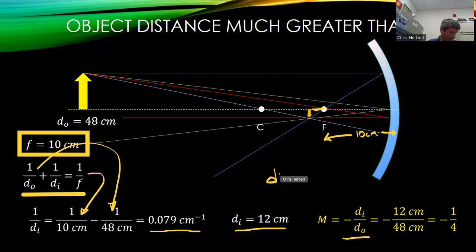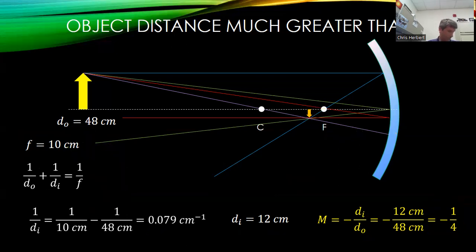All the image distances that are positive over here, if the image formed on the other side, we would have taken that DI to be negative. And clearly we can see that our magnification is negative 1/4, which means that it's upside down, it's inverted, and it's 1/4 the size of the object. Okay.